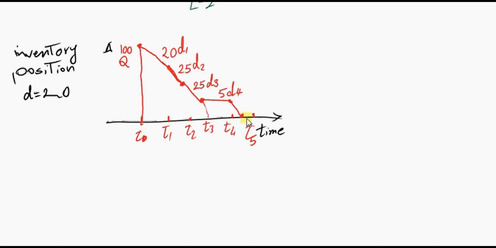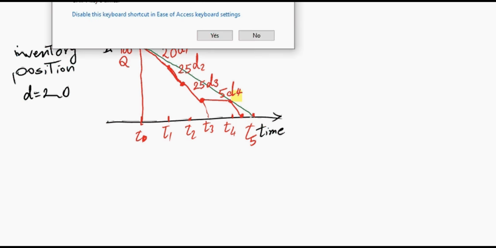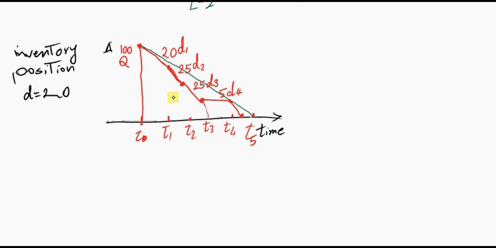So compare this with the flat rate that we had before, which was 20 units per unit of time per day, which would lead us to finish our inventory exactly at T5. That would give us a very certain way of reordering, and we decided that okay, whenever the inventory level reaches 40, we will put a new purchase order.